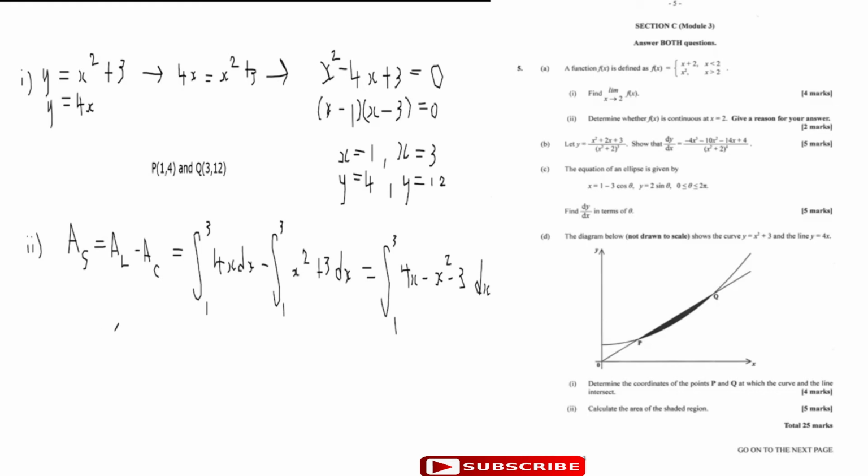Combining them, what we're going to get is that the area shaded is equal to, when you integrate, you add 1 to the power, so you get 4x squared divided by 2 minus this now x cubed over 3 minus 3x, and we're integrating from x being 1 to x being 3.